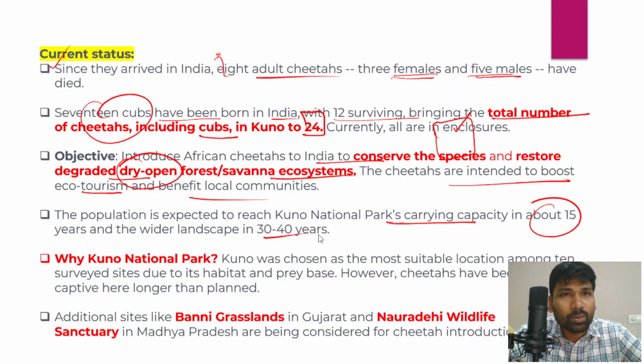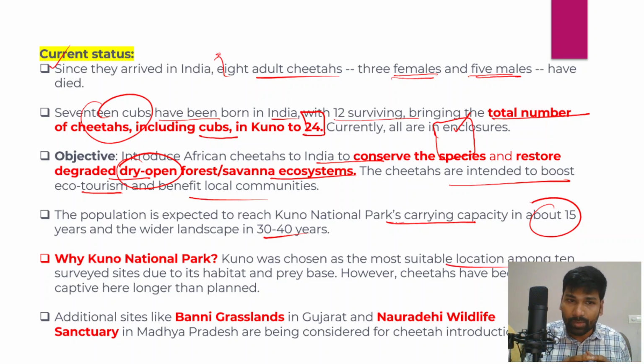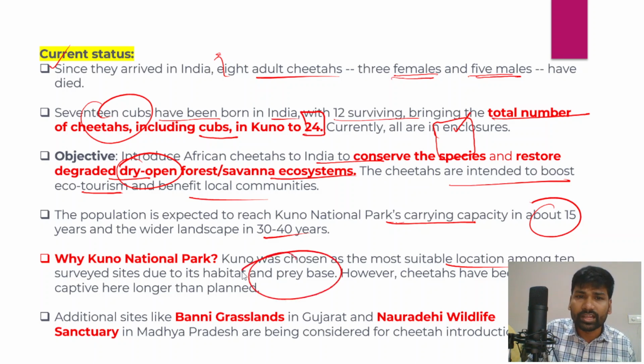Kuno Palpur National Park was selected for the introduction of cheetahs because of the suitable location of this particular national park, and it also has a large prey base, which will help sustain the cheetah population. However, the cheetahs as of now are held in captivity in enclosures, and they are not yet released, in order to ensure their survivability and sustenance.